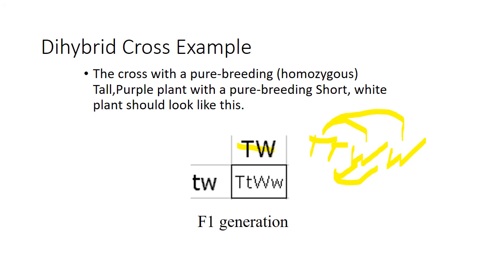No matter what we do, it has to go that way. Same on this one for the little t, little w. They can only give that little t and little w because that's all they have to give.